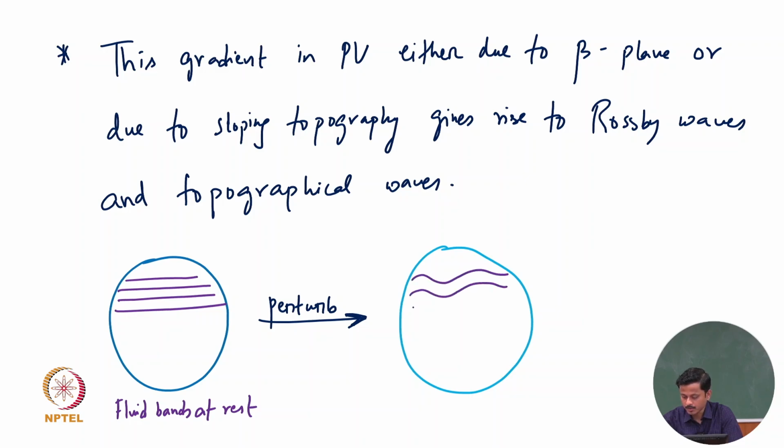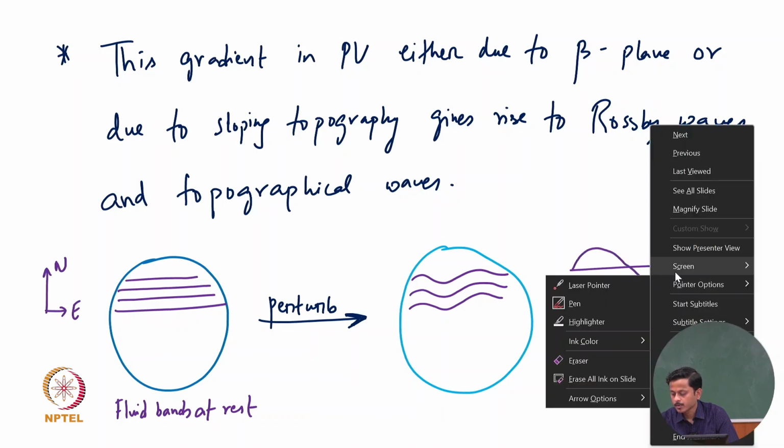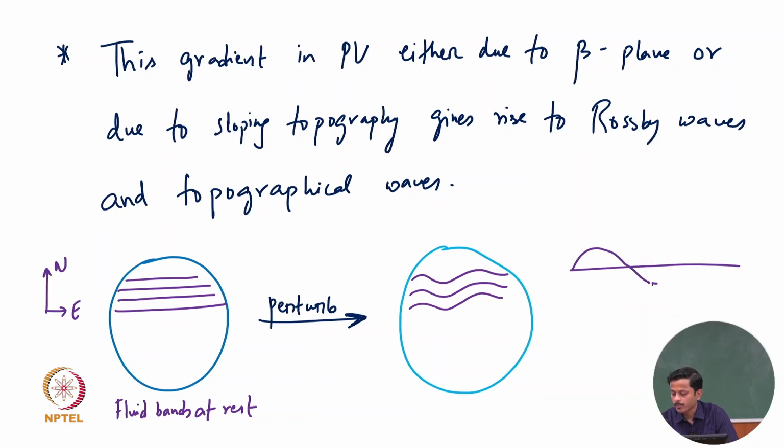Let's say we are perturbing the system, and we define our northern direction to be the one which is pointing upwards. So the waves, simplistically, I have a wave which is like this, and these are different locations in the wave.